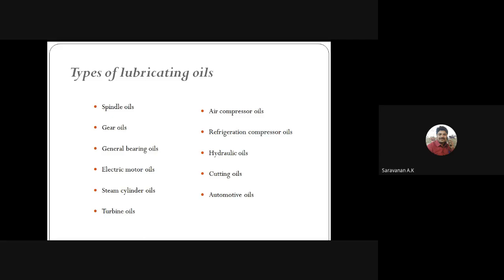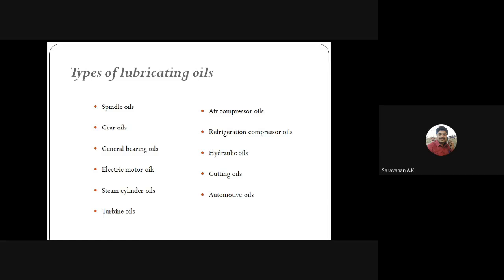Because the atmospheric air has to be compressed, there is a good chance that inner components may get some oxidation. So the lubricant should avoid the oxidation conditions. That we have to remember in the air compressor oils.